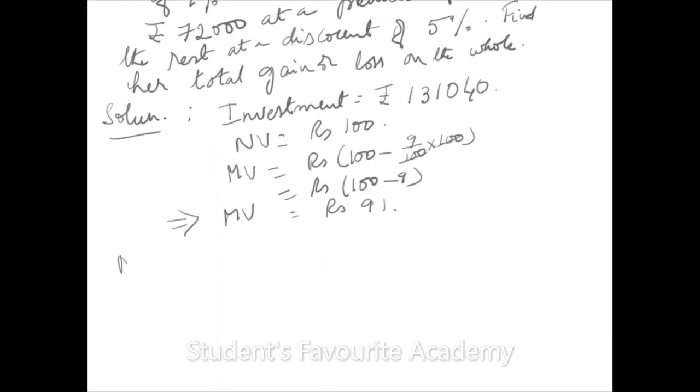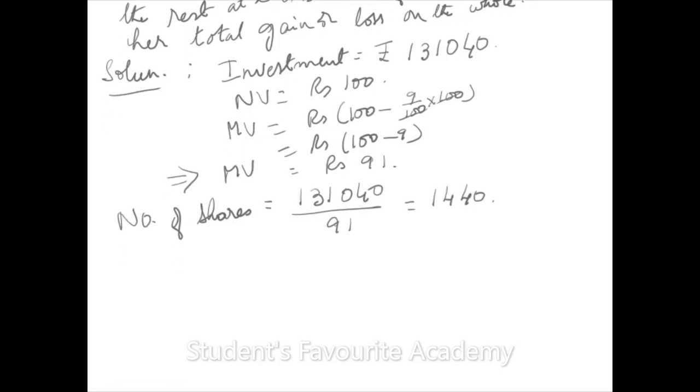So number of shares she buys is investment upon market value, isn't it? So 1,31,040 upon 91. Okay, so when you divide this, it exactly goes 1,440 times. So 1,440 is the number of shares.